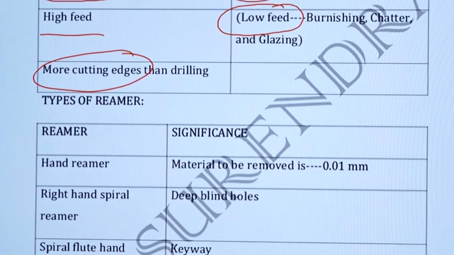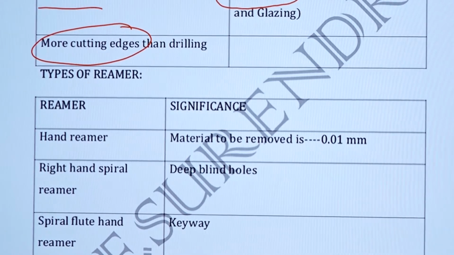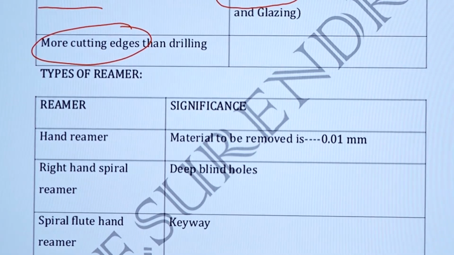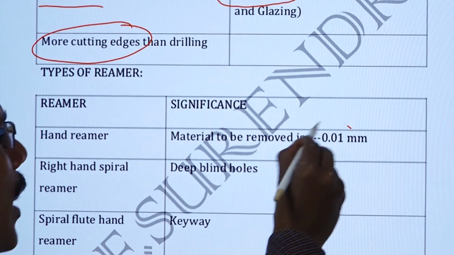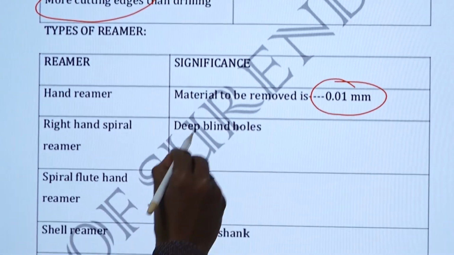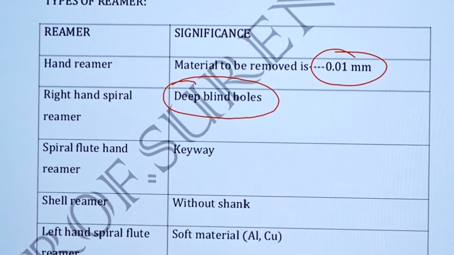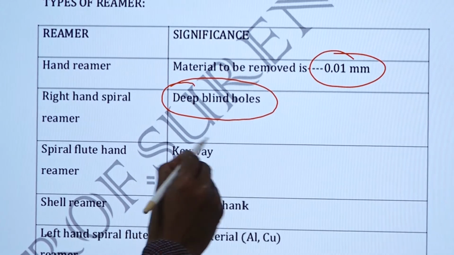Next, we are going to discuss the types of Reamer. Types of Reamer: hand Reamer, where the material to be removed is 0.01 mm. Right hand spiral Reamer is used for deep blind holes. Spiral fluted Reamer is used for making keyways.